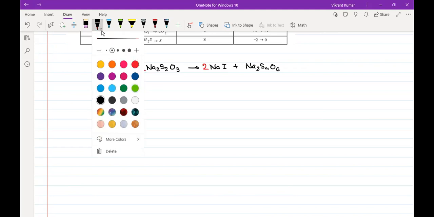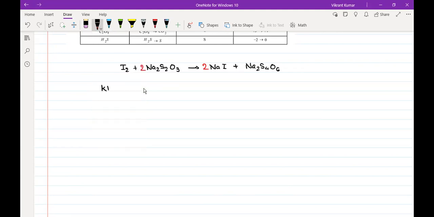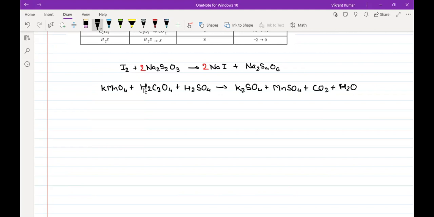If I give you a reaction like KMnO4 plus H2C2O4 plus H2SO4 giving K2SO4 plus MnSO4 plus CO2 plus H2O, even if I give you 5-10 minutes, which I normally do in classes, you will not be able to balance it.